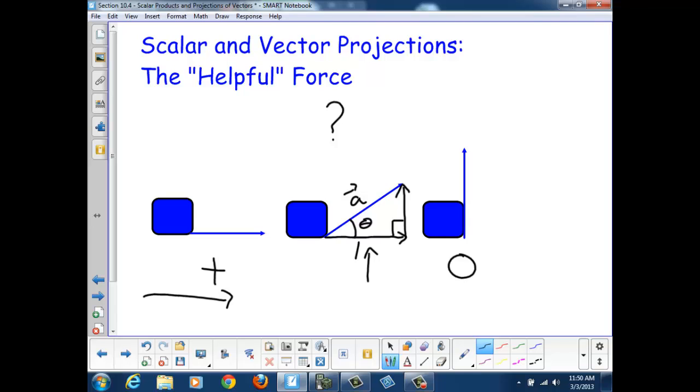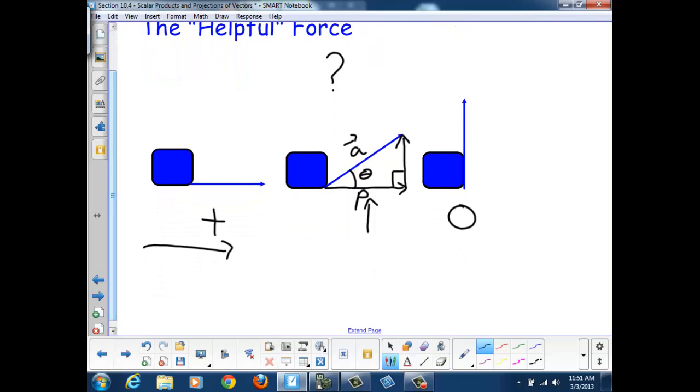Let's just call this P. Well, if I use my triangle trigonometry, I know that the cosine of theta is equal to P over the length of A. So that distance P, or my helpful force, is the length of A times the cosine of theta.